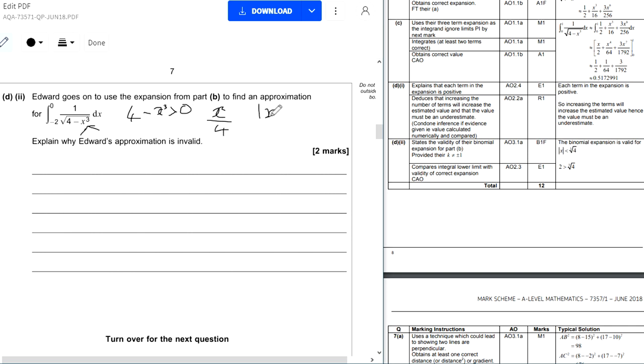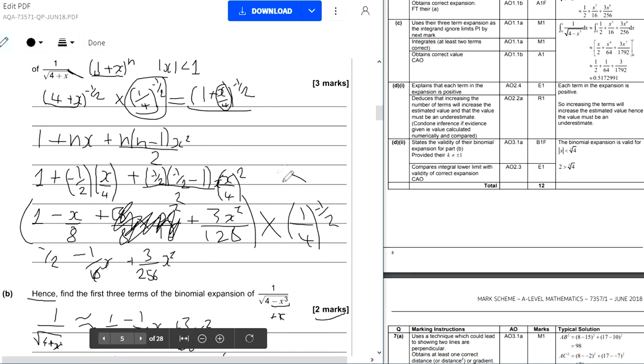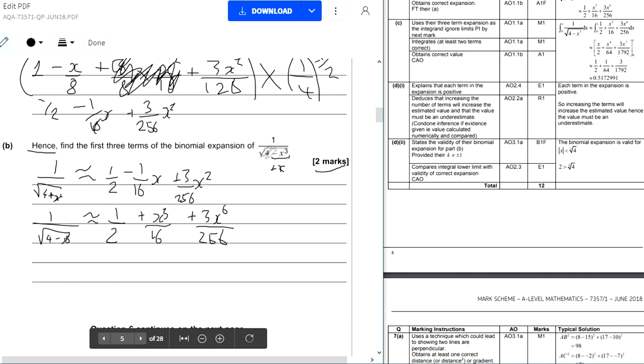well, first of all, x is going to be less than 1, but that's x in the general formula. If we go back, you can see that we have x over 4. But that's for this formula. We then substituted it for minus x cubed.